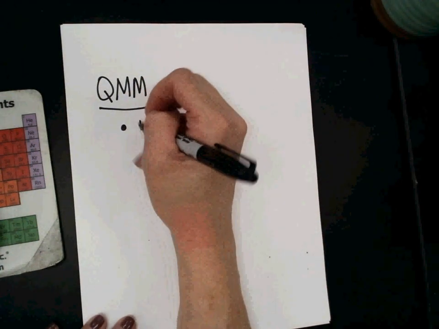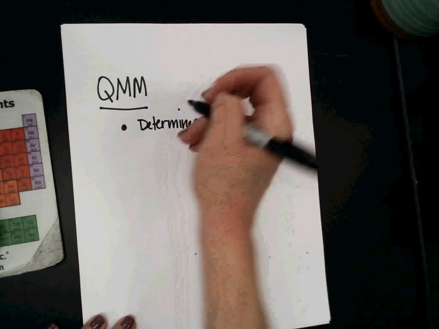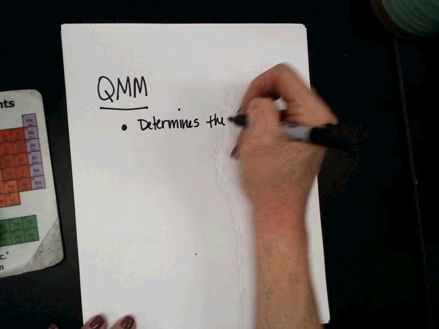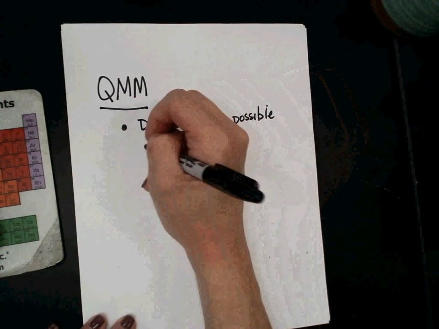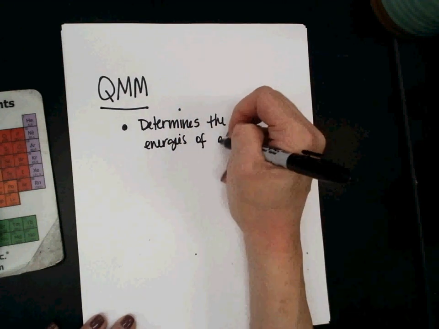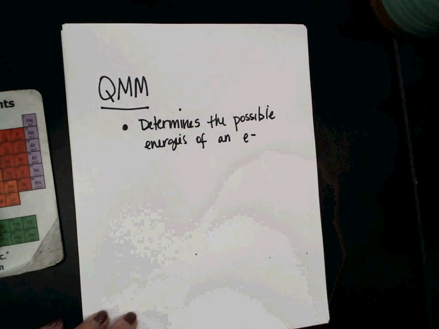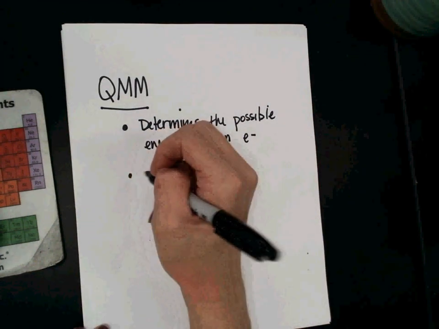Quantum mechanical model does a lot of things. It determines the possible energies of an electron.